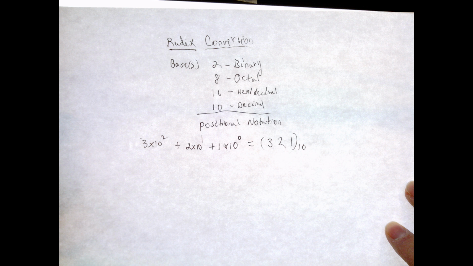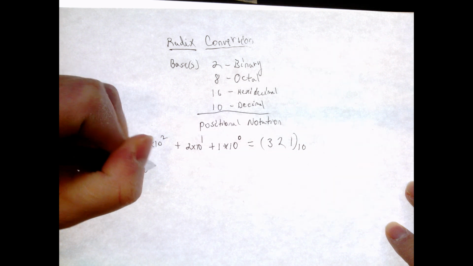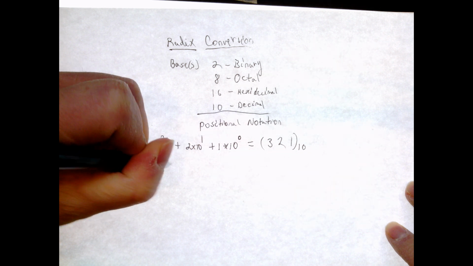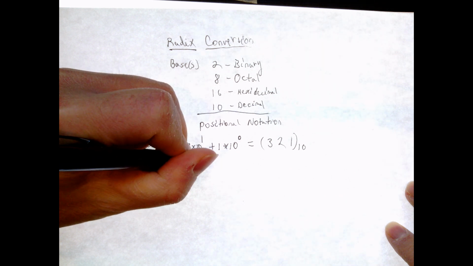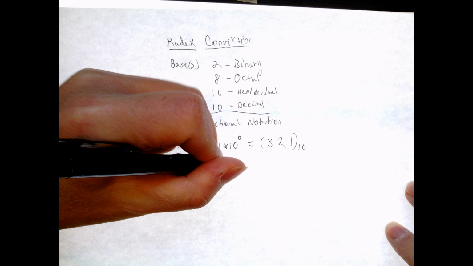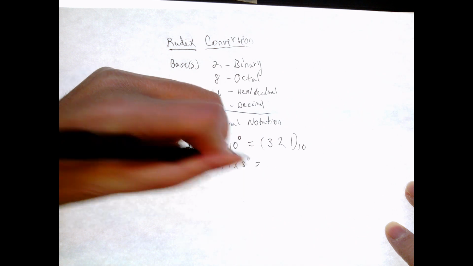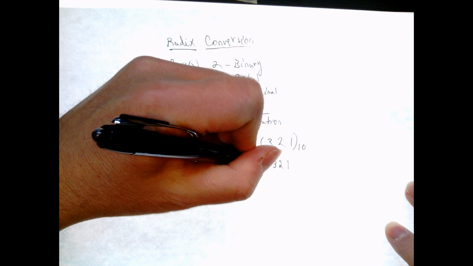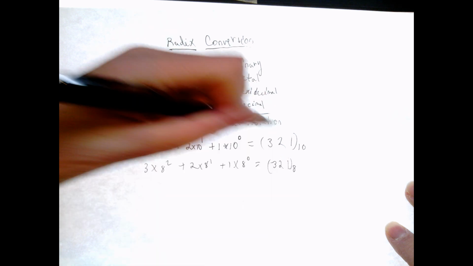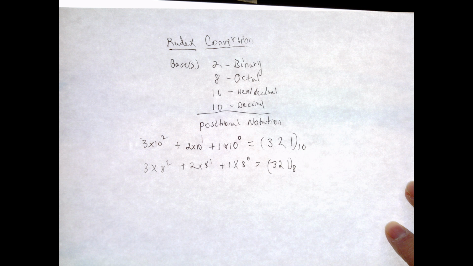Similarly, if you change the base, 3 times 8 to the 2 plus 2 times 8 to the 1 plus 1 times 8 to the 0, you get something that looks similar, 321 base 8, but is really a very different value.